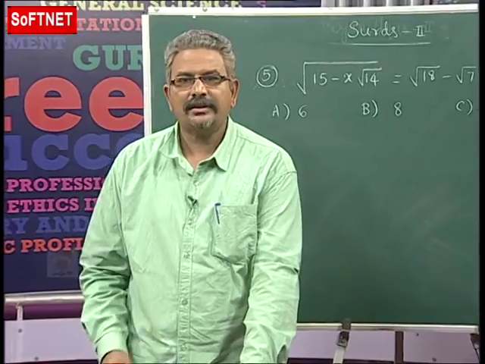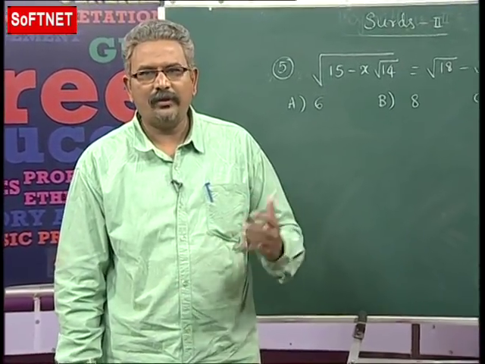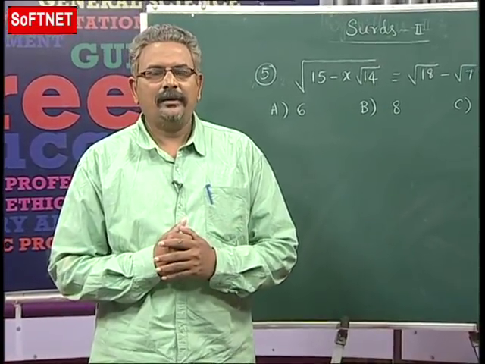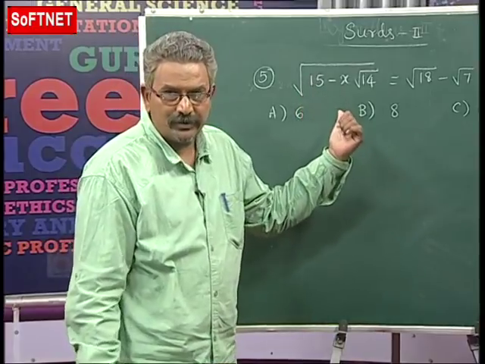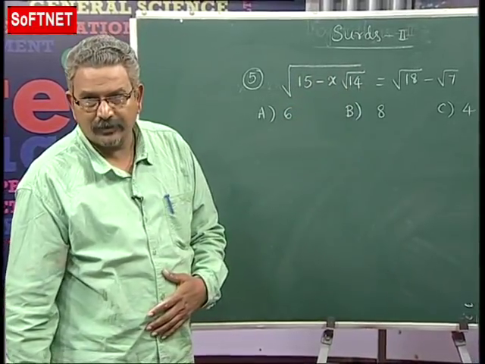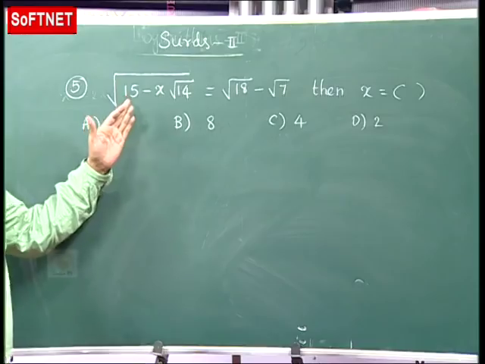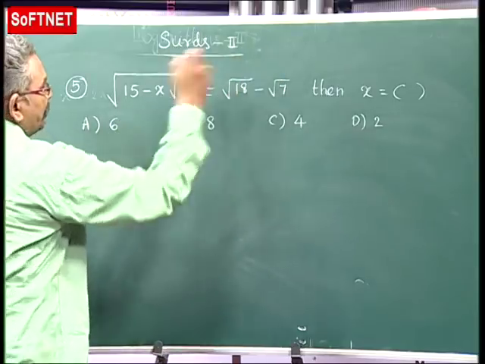So in the last episode we have discussed how to find the square root of the binomial surd which is in the form of a plus root b. Now the given problem, just observe, is in the form of a plus root b itself. Okay. Now, let us find out. Here the square root is already given.